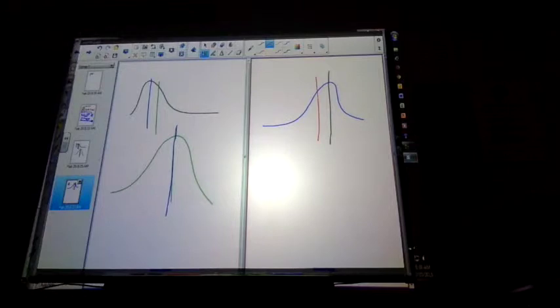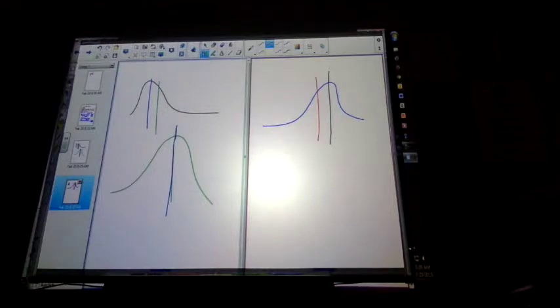So which set most likely looks like a bell curve? First, second, or third period? Which one's going to look like the bell curve? If it's a normal curve, what are both the same? Mean and median. So which have the same mean and median? Second period. The second period is going to look most likely like a bell curve.